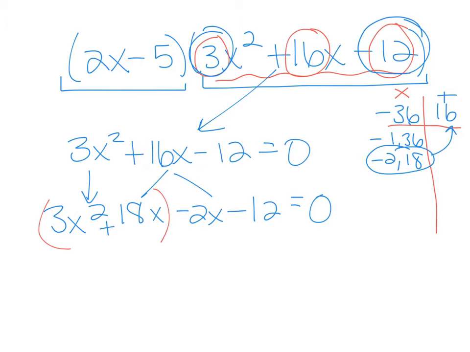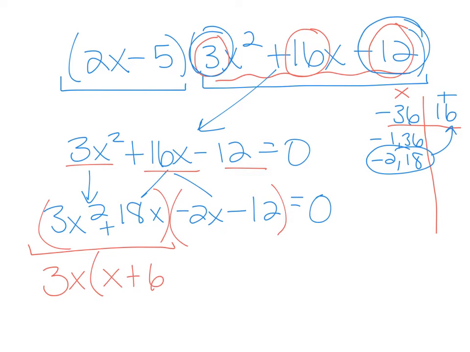And then I can group because I have 4 terms rather than 3 terms here. 4 terms allows me to group evenly, 2 terms and 2 terms, and I'm going to factor out a greatest common factor amongst each group. So 3x squared plus 18x, our common factor is 3x, which leaves me with x plus 6 inside the parentheses. 3x times x is 3x squared, and 3x times 6 is 18x.